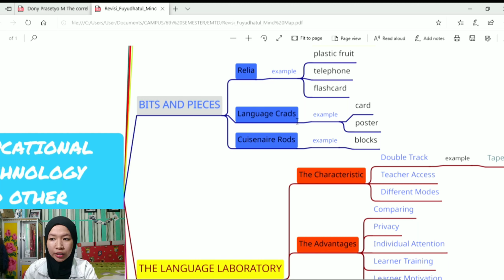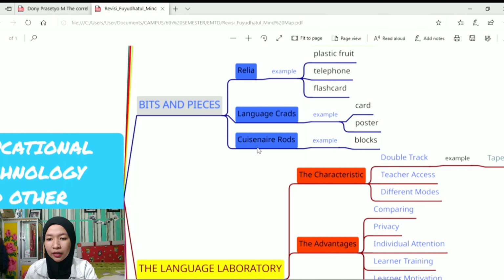So many teachers use a variety of language cards and posters around the classroom. Card and poster have the purpose to improve the language of students, to improve the vocabulary size of students.